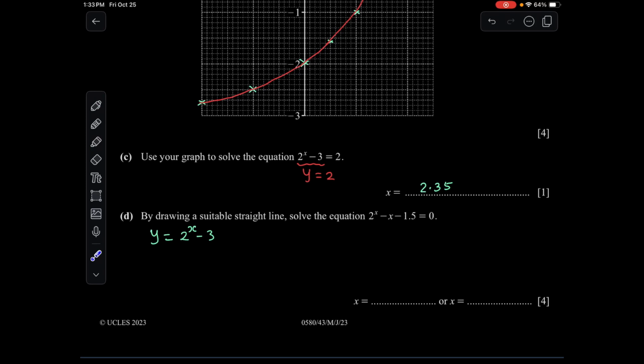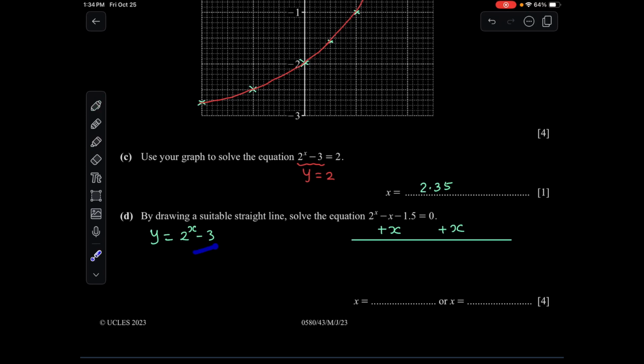So what we're going to do is manipulate this. I'm going to look at my original equation, which is 2 to the power of x minus 3, and compare it with my new equation. I'm having 2 to the power of x minus x. I don't have minus x in my original, so I need to get rid of that. So I'm going to do plus x on both sides of equal to.